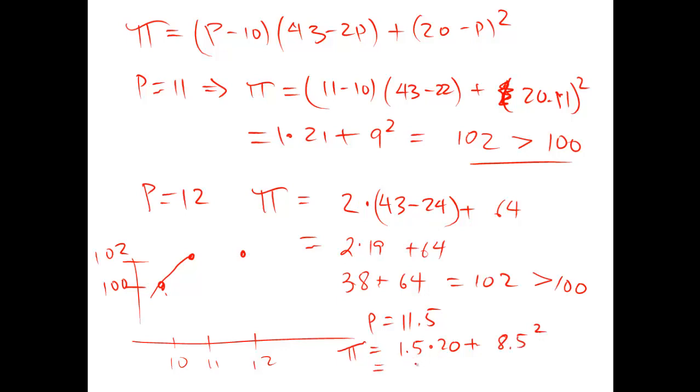This would equal 1.5 times 20 is 30. 8.5 squared, well, I need a calculator to do that, but when I do that on a calculator, I find that it's 72.25. And so the sum of these is 102.25, which is actually bigger. So sure enough, 11.5 yields even bigger profit.